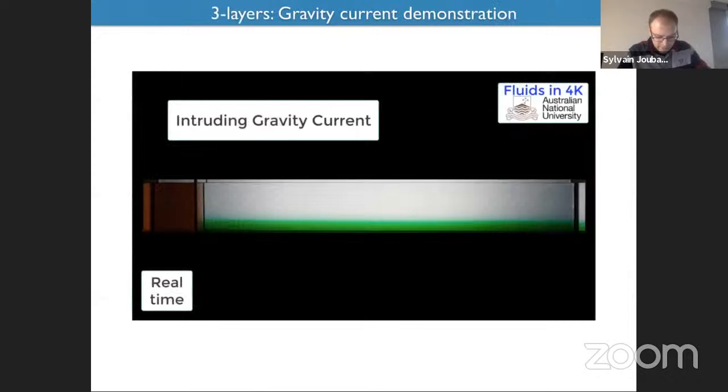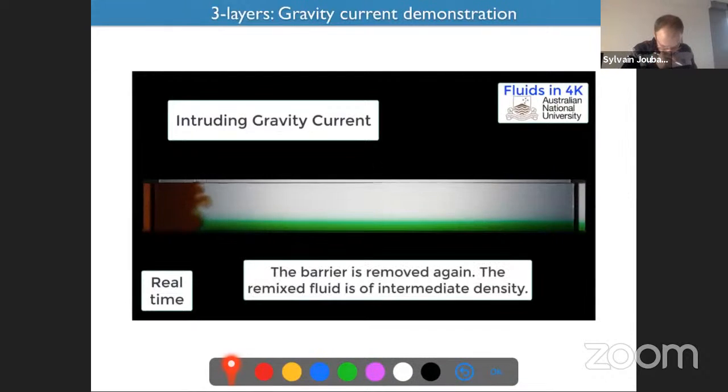Just to show you what happens next, you can do the same experiments and start with a 3-layer stratification. You have an intermediate density, and the intermediate density will go like a gravity current between the 2 first layers we have created before.